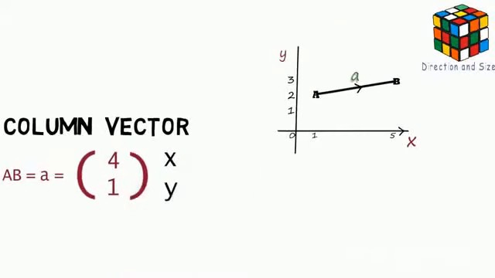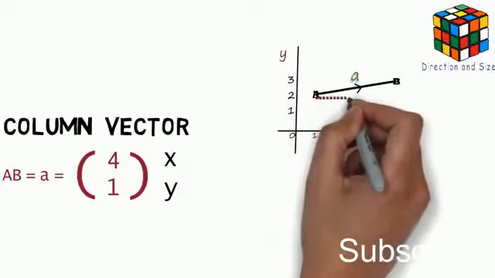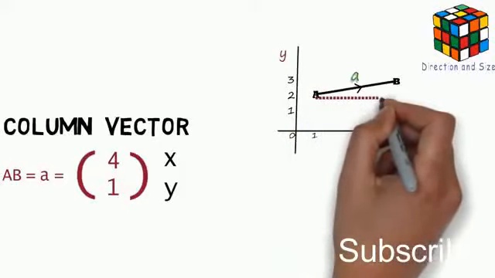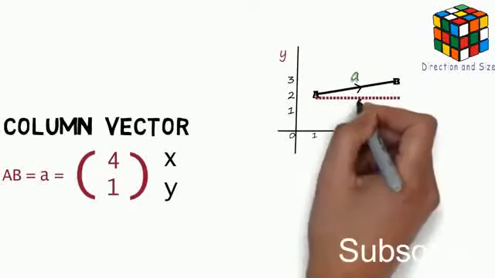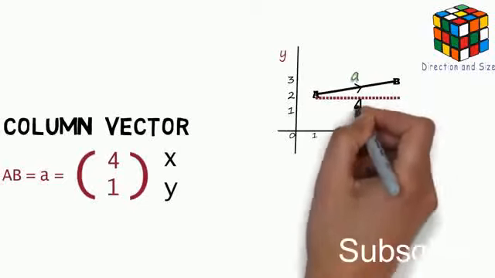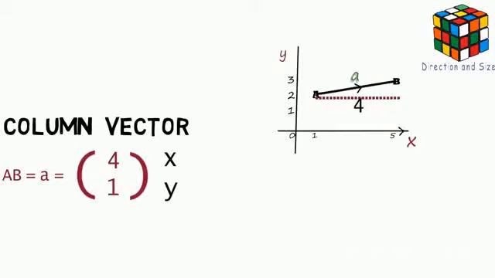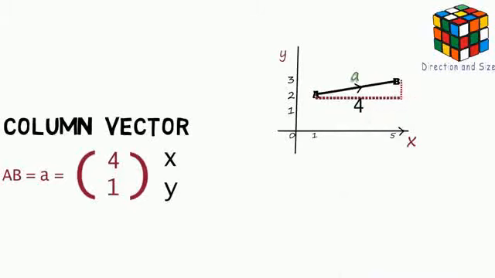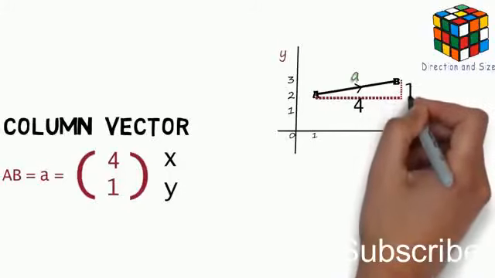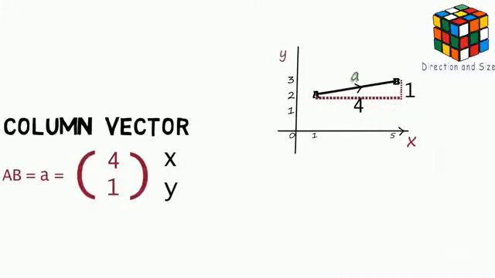And then you move upwards, again in the positive direction in the y-axis, 1 upwards, even though I'm drawing downwards. So that's how we get AB as 4 and 1.